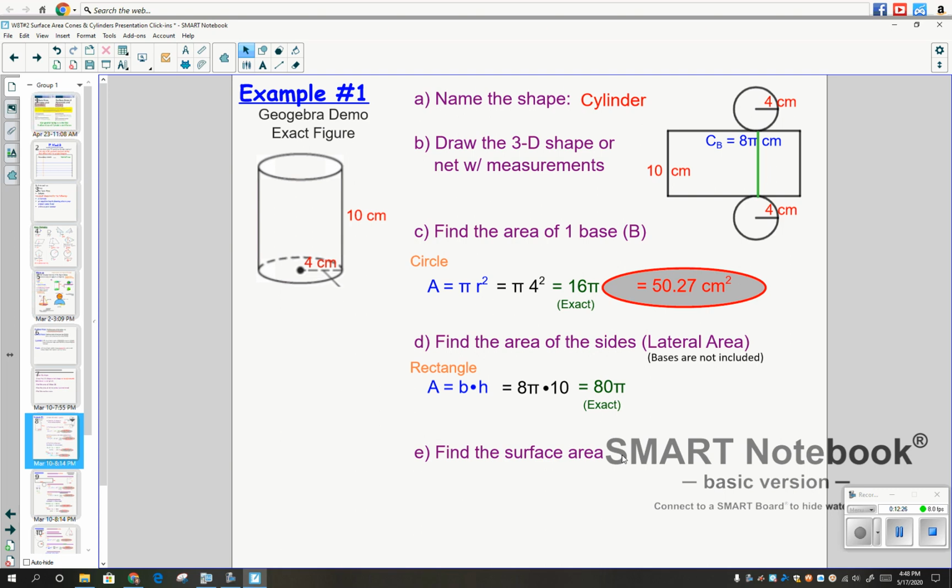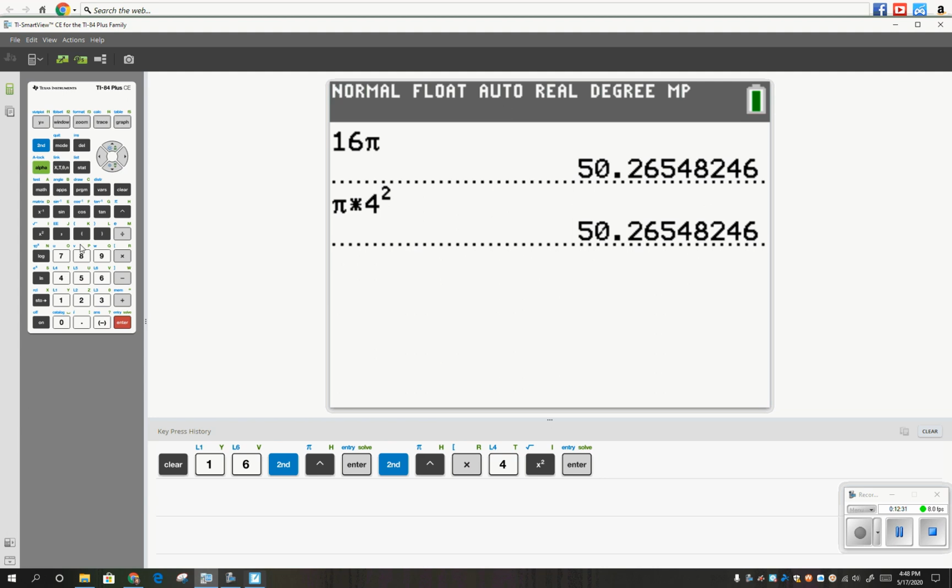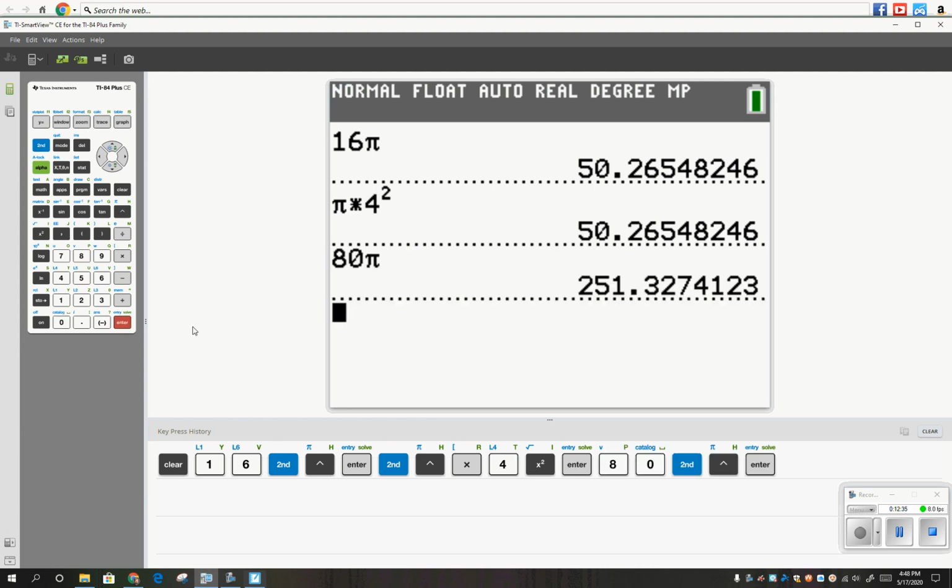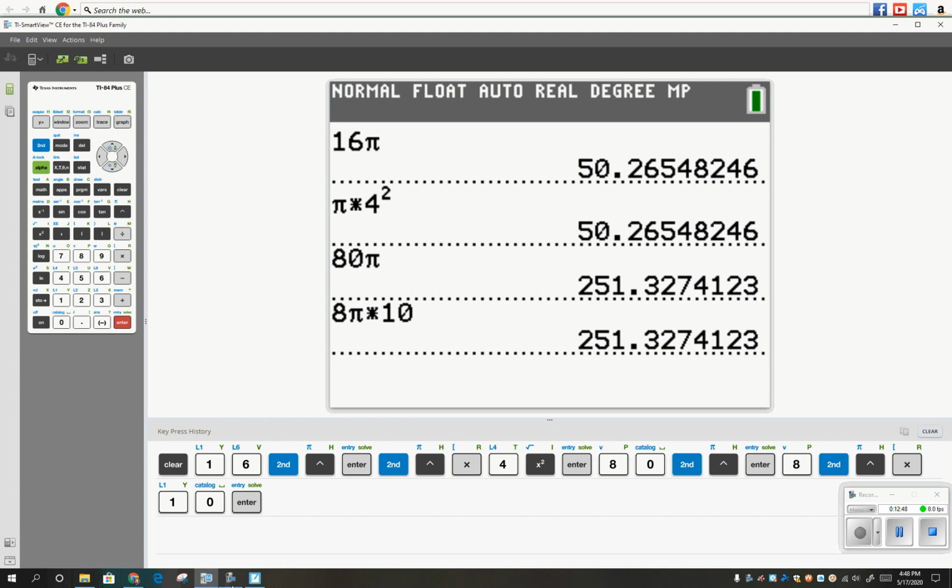So I end up with 80 pi. If I want the decimal approximation, I can do 80 times pi, which is 251.327, rounds to 251.33, or I can do 8 pi times 10, and I still end up with the same answer.